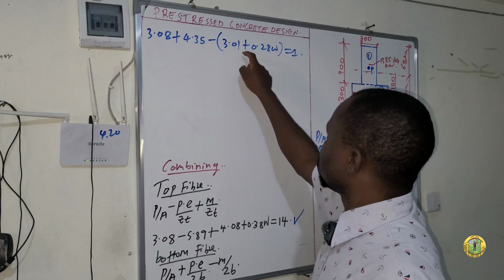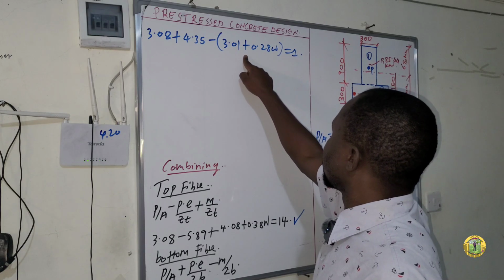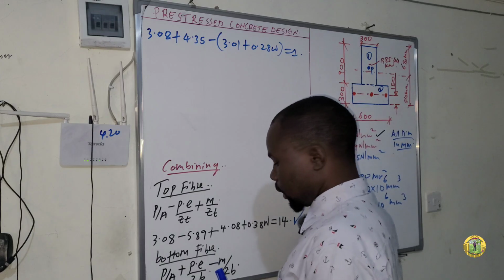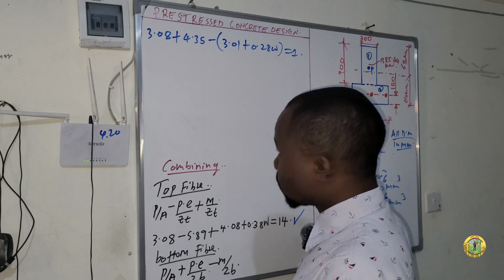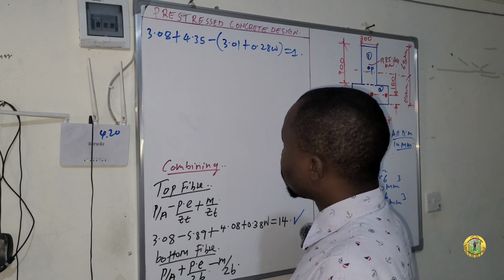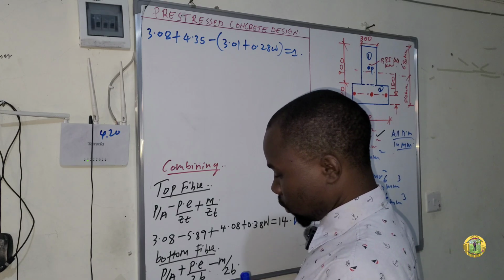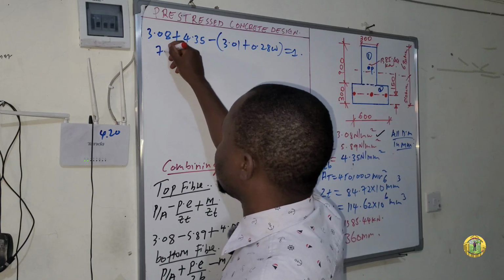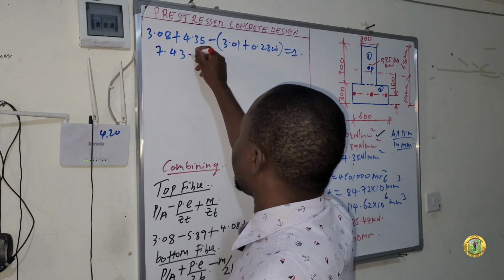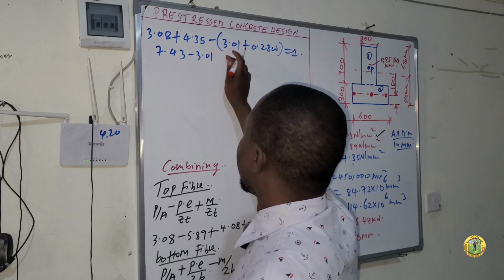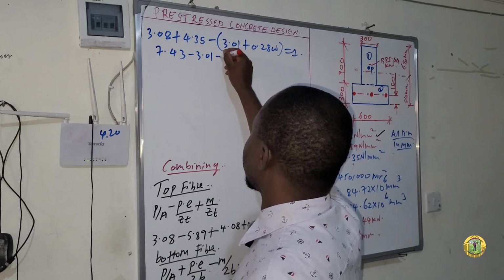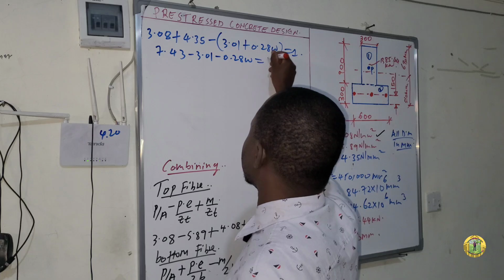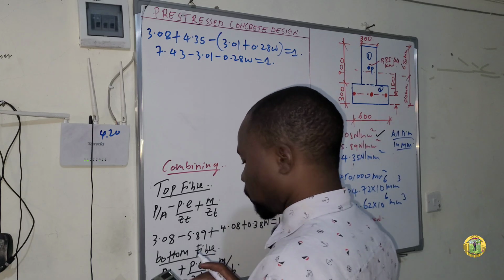So let's now simplify this expression. 3.08 plus 4.35 is 7.43. This is 7.43 minus 3.01, opening the bracket, then minus 0.28 W is equal to 1.